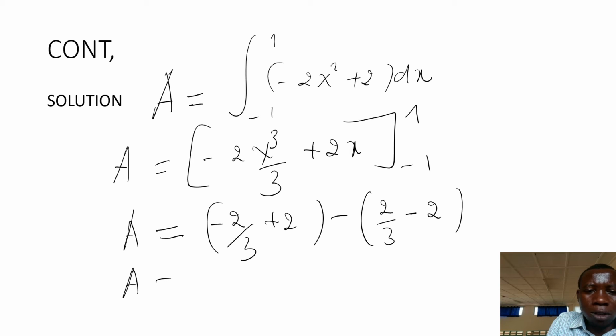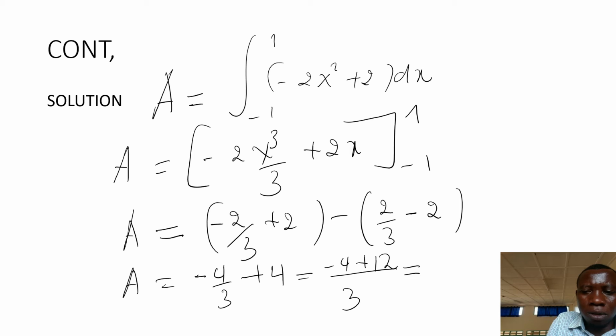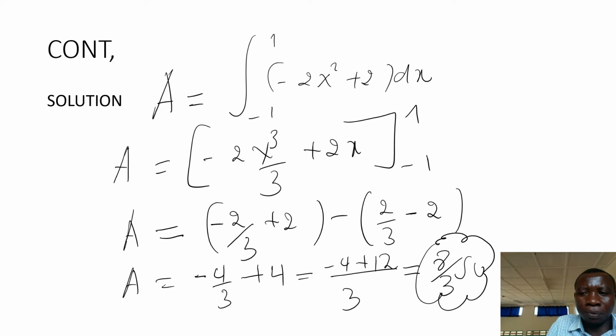So our area is equal to negative 4 over 3 plus 4. When we take the LCM, we get 3, then negative 4 plus 12, which is equal to 8 over 3. Then we put square units. Basically, this is the final answer for this example.